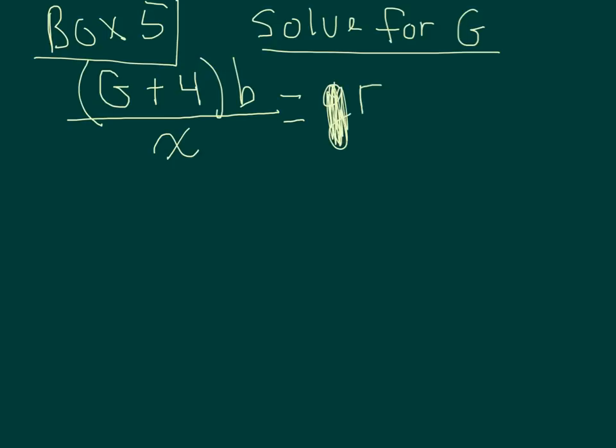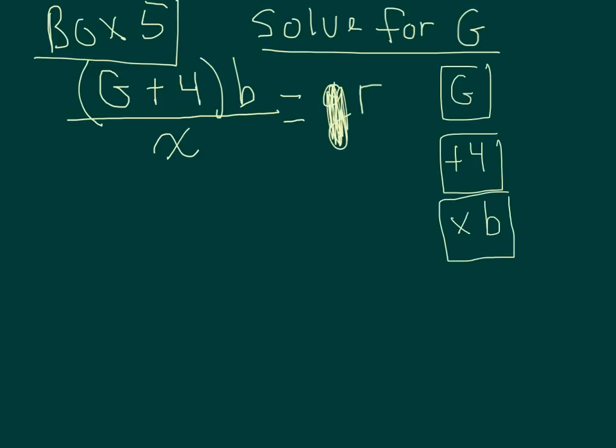Alright, so let's do everything they're doing to G here. Here's G. First thing they're doing is adding 4. Then they're timesing it by B. And then they're dividing by X. So let's go up.